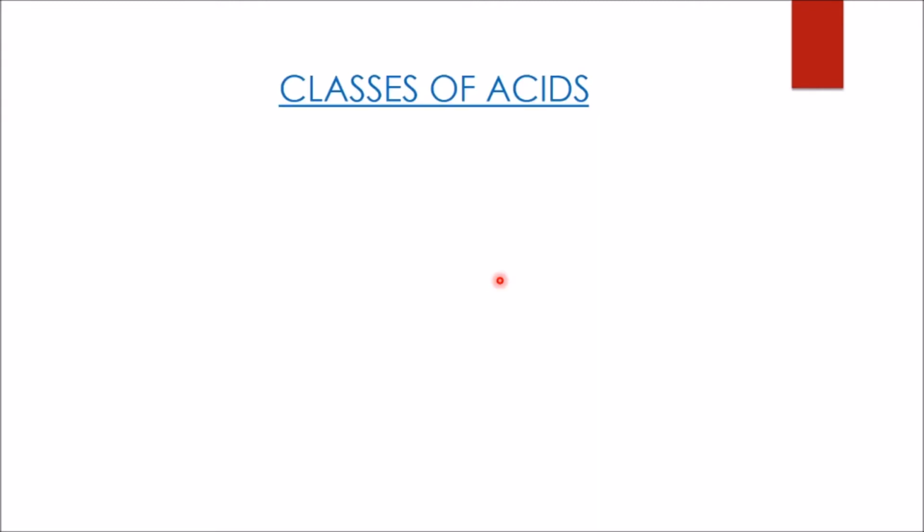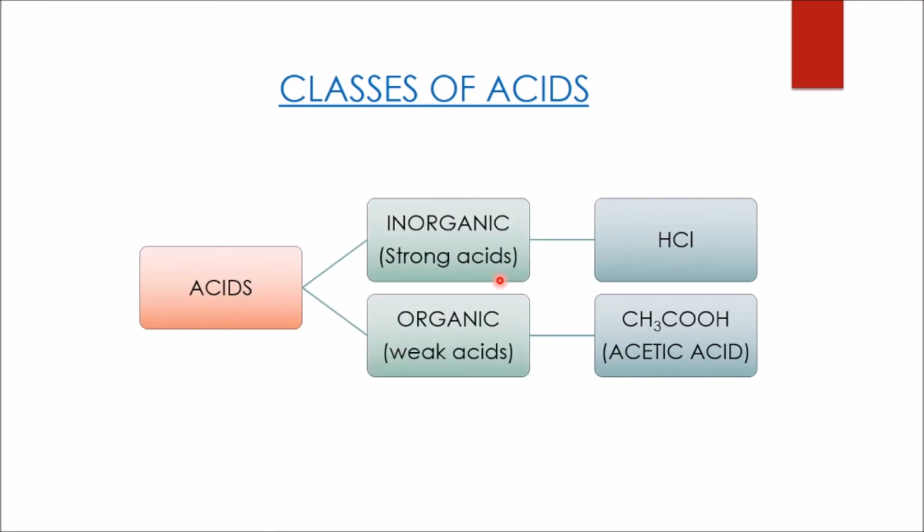We have classes of acids. We have two types of acids basically. We have inorganic acids, which are strong acids. Mostly inorganic acids are strong in nature and organic acids are weak in nature, okay? Inorganic acids have inorganic elements. You know what inorganic elements are: other than carbon and hydrogen, okay?